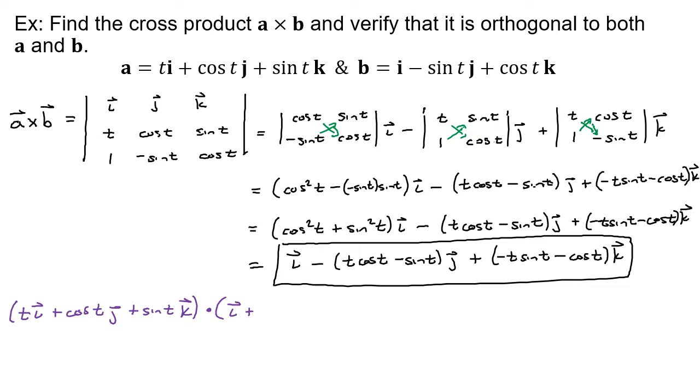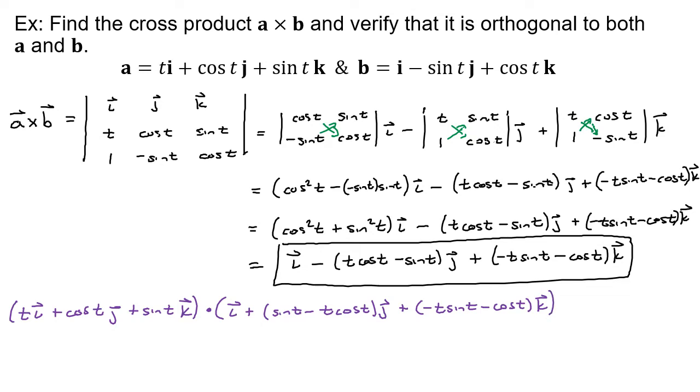I'll end up with a minus, let's put the sine t part first, minus t cosine t j, and then plus negative t sine t minus cosine t k.